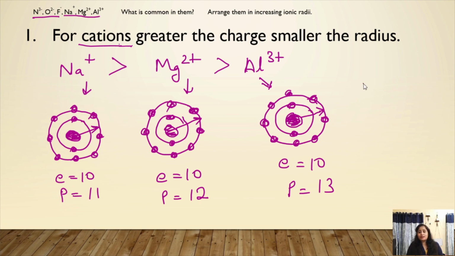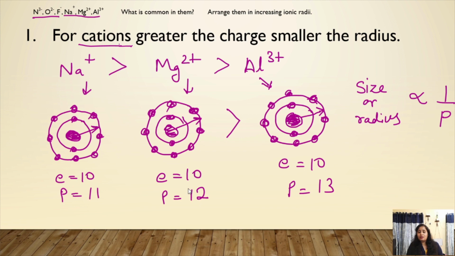As we can say, size or radius is inversely proportional to the number of protons. As the protons increase, size will be smaller. Understand? So the proton here is more, so size will be smaller than the previous one.